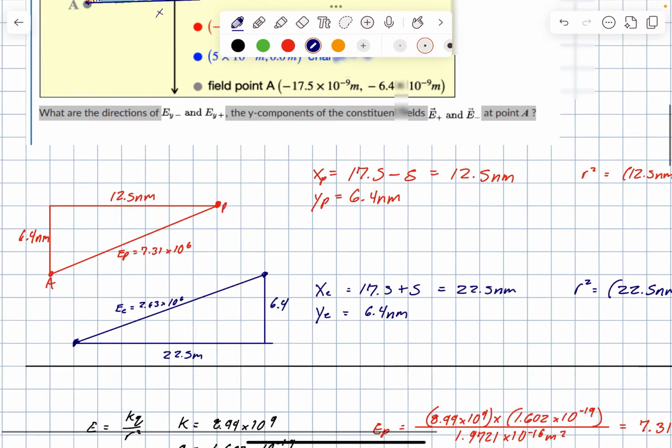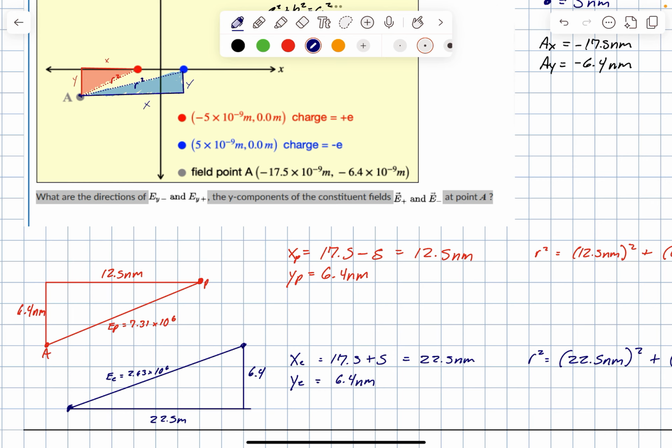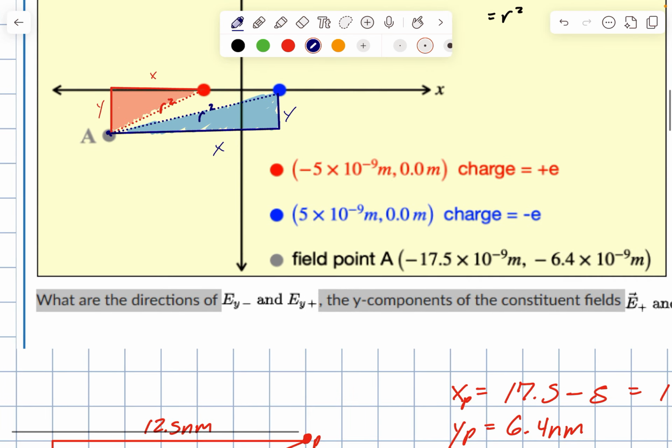And that checks out as well. A relationship to point out here: because our proton is closer to our point of interest at point A, the closer that distance is, the stronger the electric field is going to be. The farther away our point is from our particle, the weaker that field is going to be.